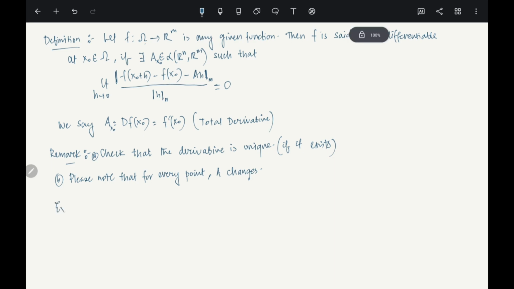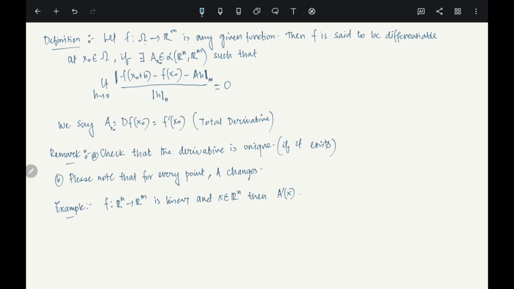So as an example, let f be a function from Rn to Rm, and f is linear, okay. And let's say x is an element in Rn. Then I want to see what is A prime x, okay.